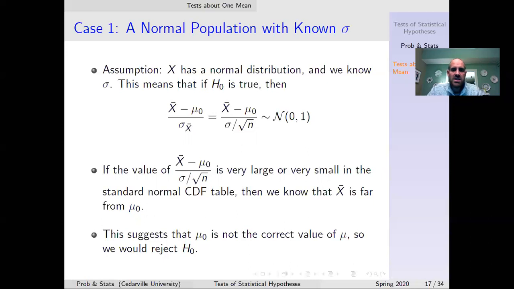This means that if H0 is true, namely that mu is equal to mu 0, then X bar minus mu 0 over sigma X bar, which is just sigma over the square root of n, that is, X bar minus the null hypothesis mean mu 0 over sigma divided by square root of n, is going to have the standard normal distribution. So here is the test statistic.